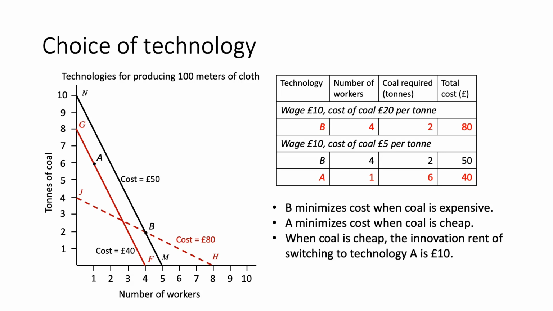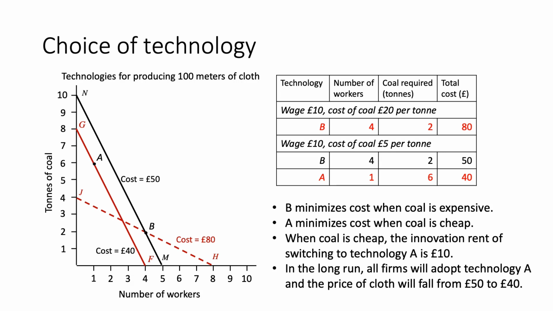That gives us 10. So then we have 40 plus 10 equal to £50. We simply subtract the total cost of technology A from the total cost of technology B, and we get our technology rent, or our innovation rent here, of £10.